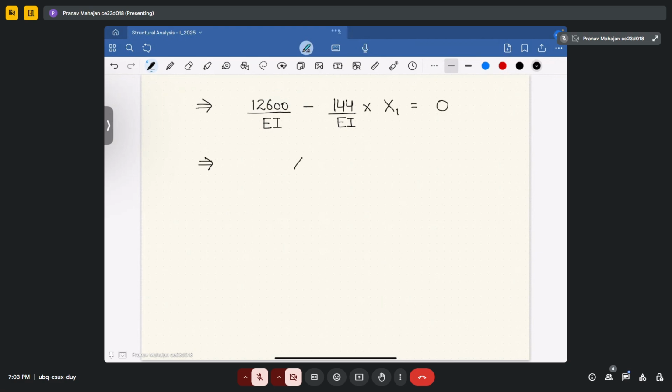And if you solve for H1, it will become 12600 upon EI multiplied by EI divided by 144, and that will give you H1 equal to 12600 divided by 144, and it will be equal to 87.5.